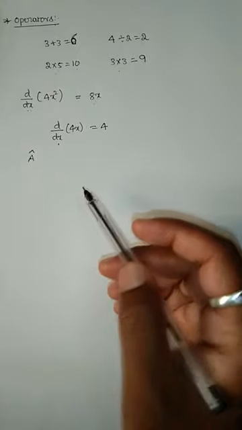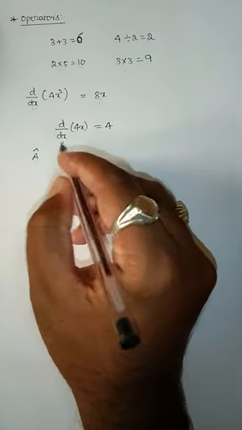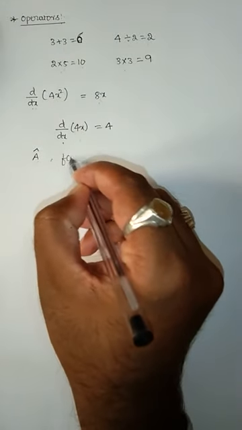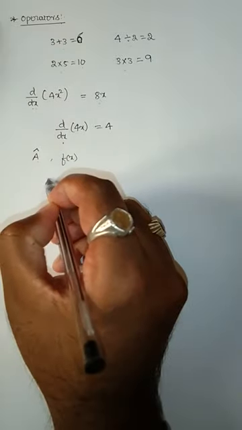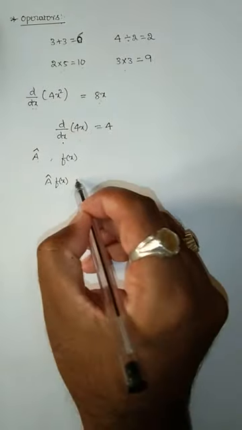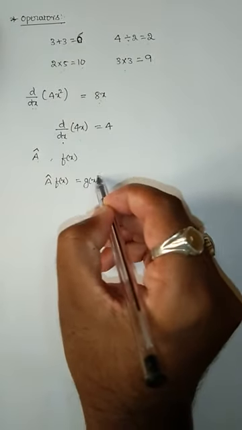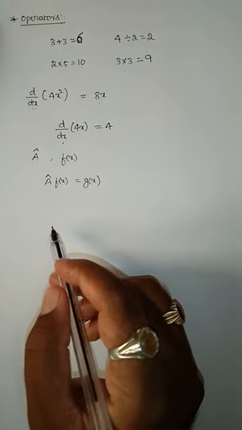If A cap denotes an operator which can perform an operation on a function, say f of x, then when the operator A cap acts on f of x, it will produce one more function, say g of x.